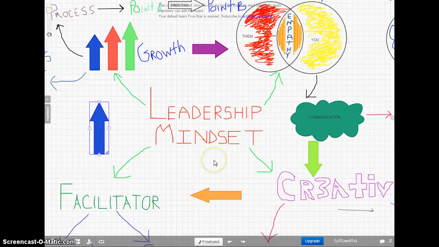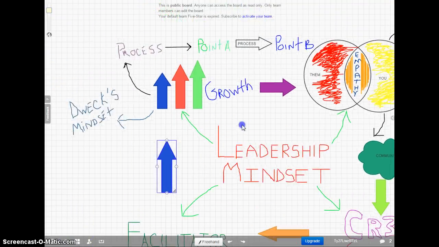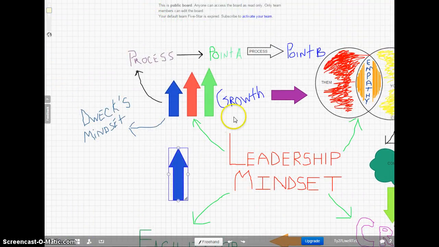So I've got these four, and they're all connected, and I'll tie them back in here. The first one that I want to start with up here is growth. And I think that's the first thing that we identified pretty early on in the class: you've got to have that growth mindset.